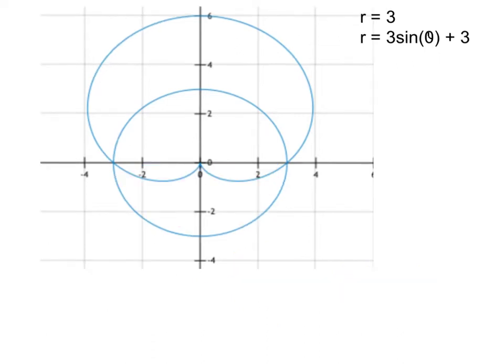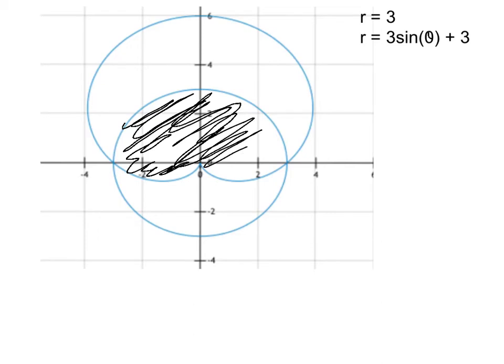Let's say that in this example we wanted this area. That's what we want. Well, the problem is that in the previous two, from 0 to pi, one equation's on top, the other's on the bottom.